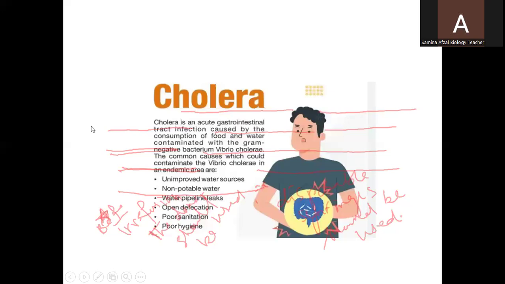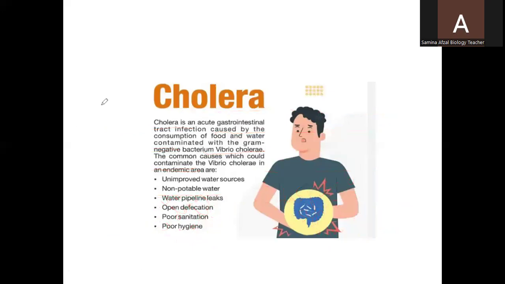Another disease is cholera, which is caused by bacteria. This is a bacterial disease, and it is caused by the consumption of contaminated food and water. Contaminated food and water can cause this infection in the body.